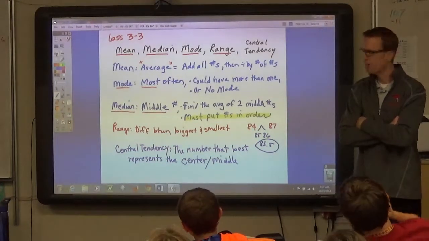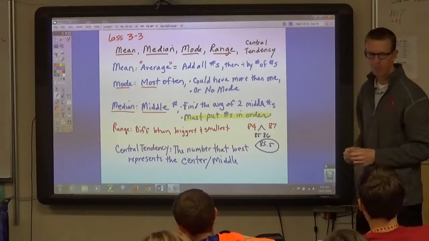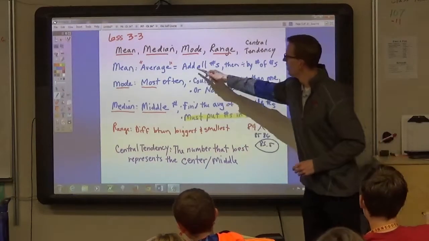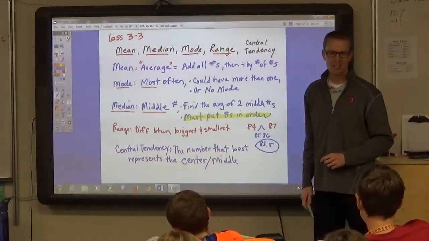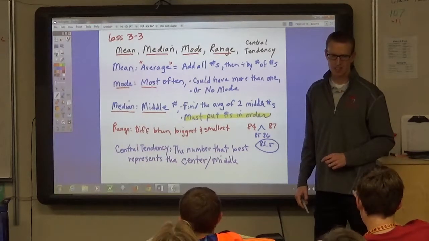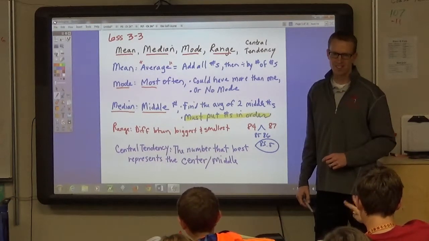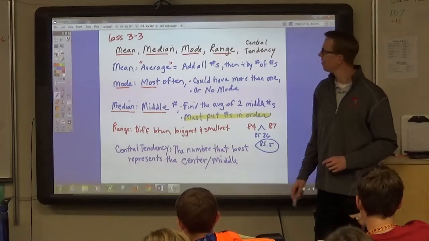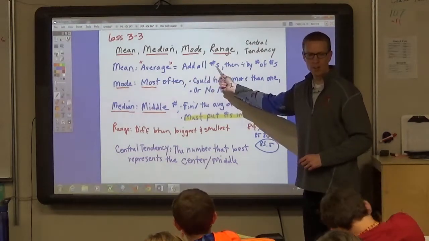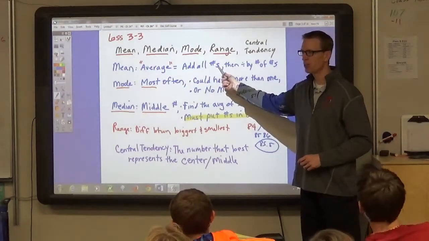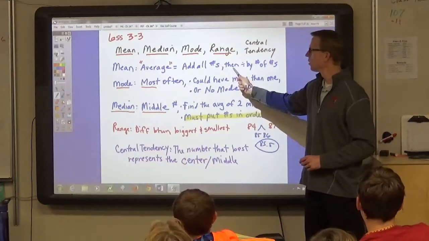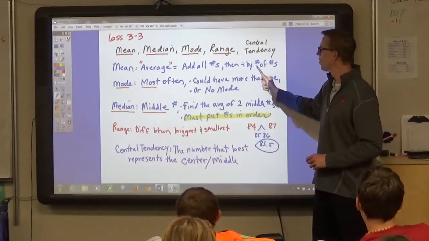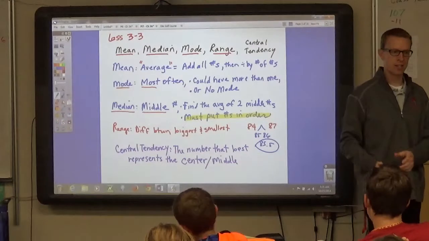Dylan? You put all the numbers in and divide by the number of numbers. Okay. First you add all the numbers together. You find the sum of all the numbers. And then you divide by the number of numbers in the set.